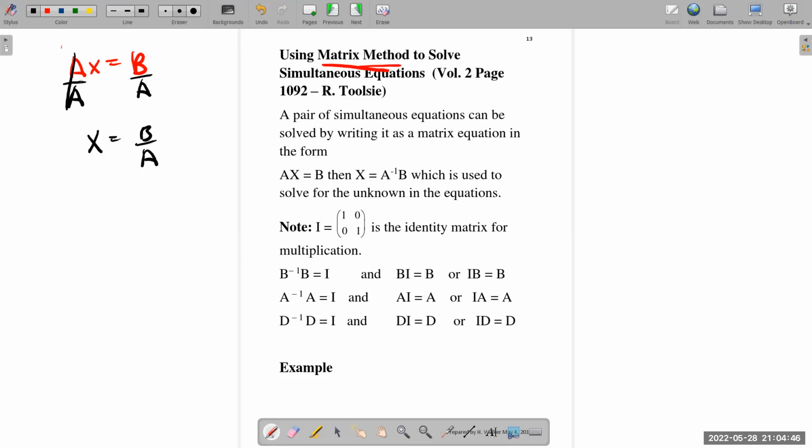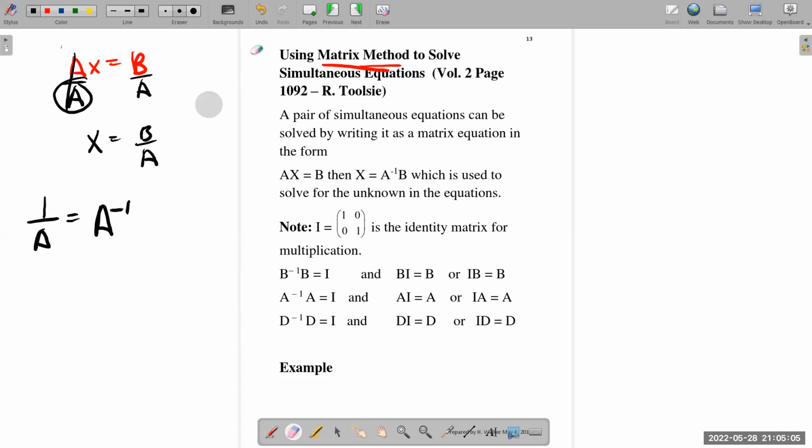In matrices, we can't divide. So what we should remember, we could do another form of division by using the inverse. So for example, 1 over A is the same thing as A inverse. Everybody see that?